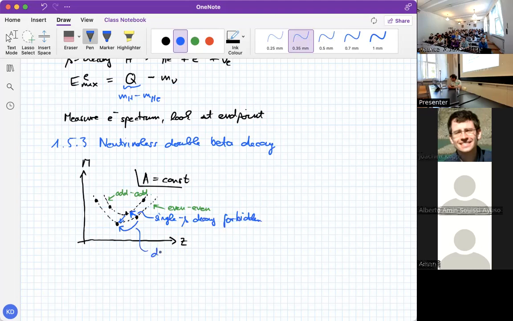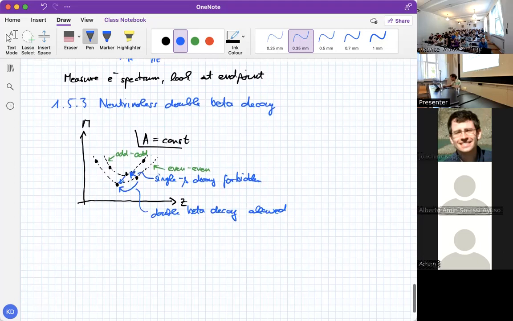But here, double beta decay is allowed. That, of course, doesn't happen for every mass number, but there is a fairly large number of isotopes in the world for which the direct single beta decay is forbidden, and so the leading decay mode of such nuclei is a double beta decay.